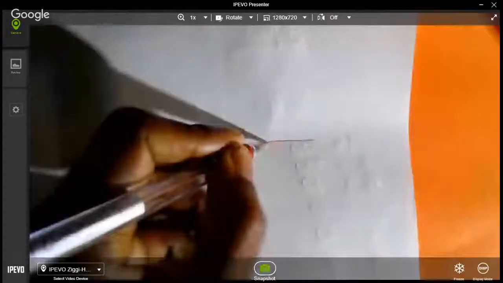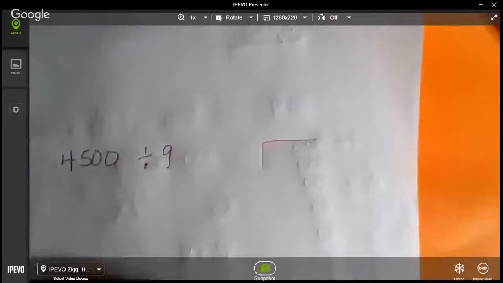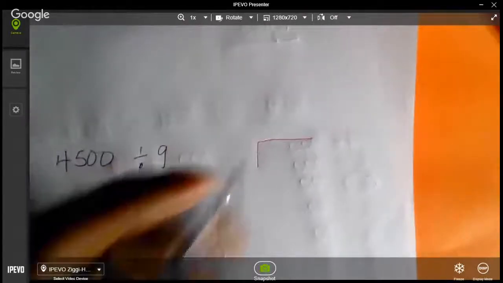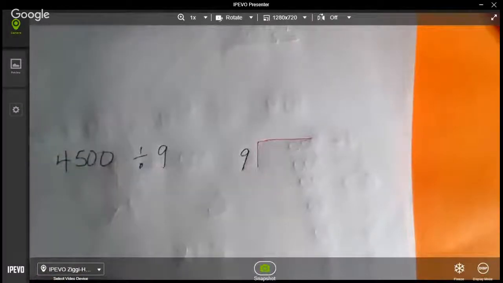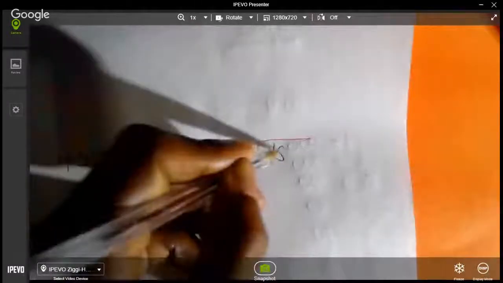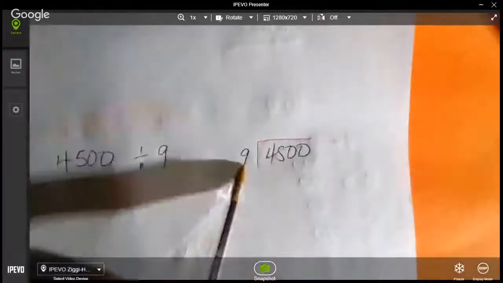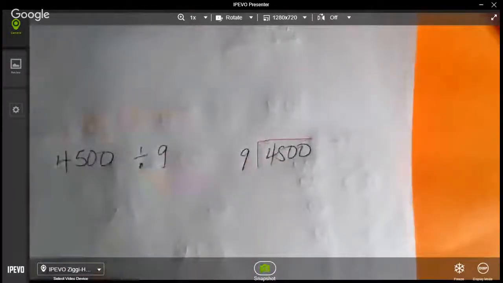Let's set up our frame. What goes where? Sir, the 9 goes outside, which is the divisor. Very good. And the 4,500 goes inside, which is the dividend. All right. So it's 9 into 45, 5 times, sir.